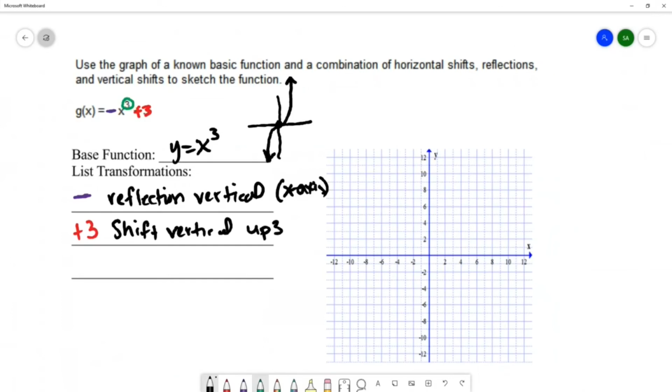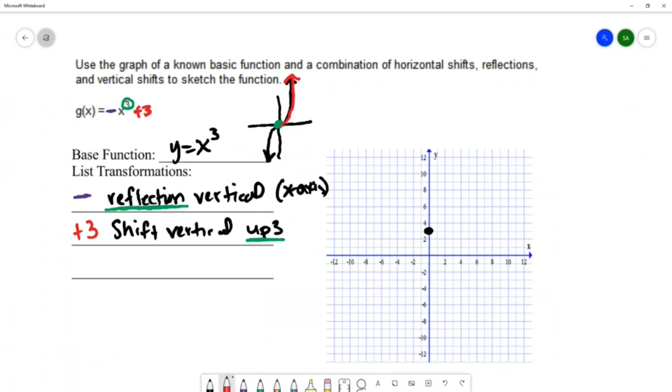So what I am going to pay attention to is, remember that the base graph crosses through 0, 0. So a reflection is not going to affect that 0, 0, but a shift up will affect that 0, 0. So I'm going to shift that point up 3. And then the reflection will change this portion that goes up.